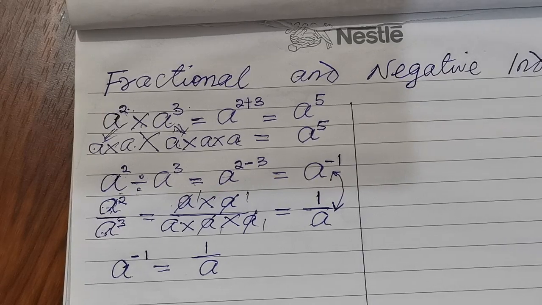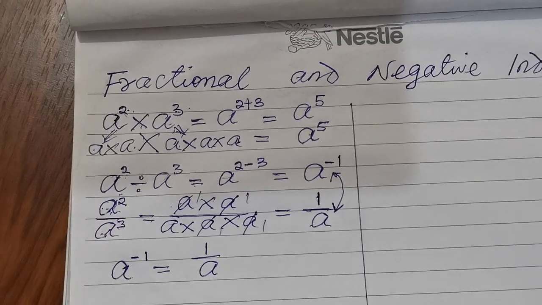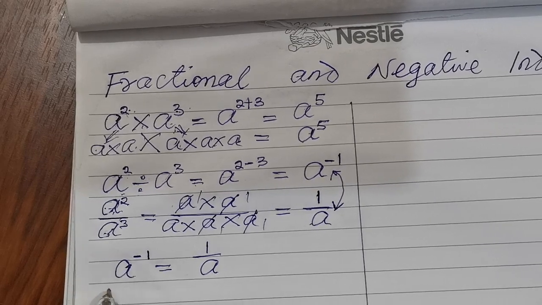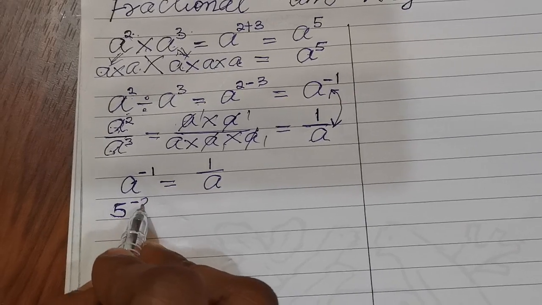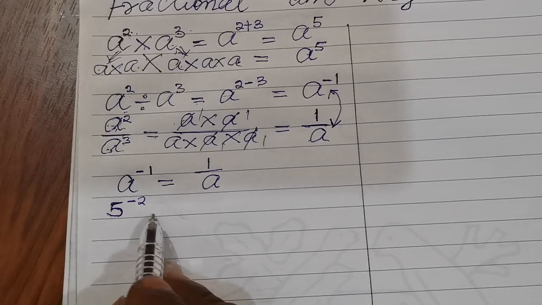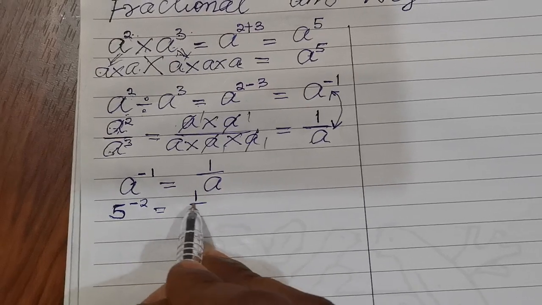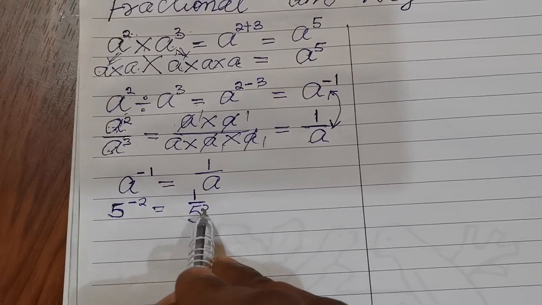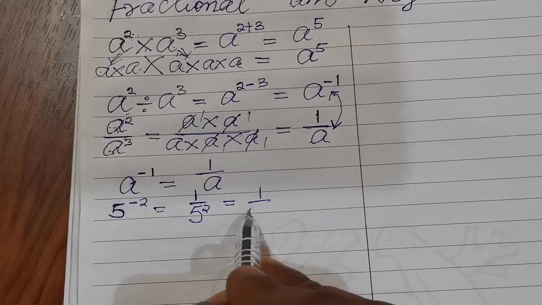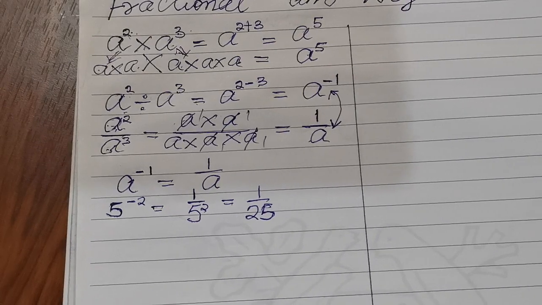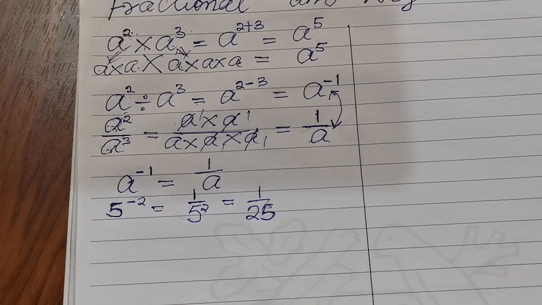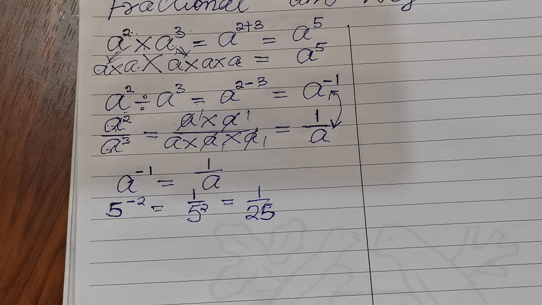If I have something like 5 raised to power minus 2, this simply means 1 over 5 raised to power 2, which is 1 over 25. That is the reciprocal, because negative indices is just a convenient way of writing the reciprocal of a number.